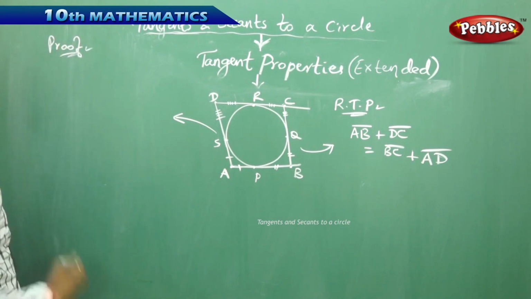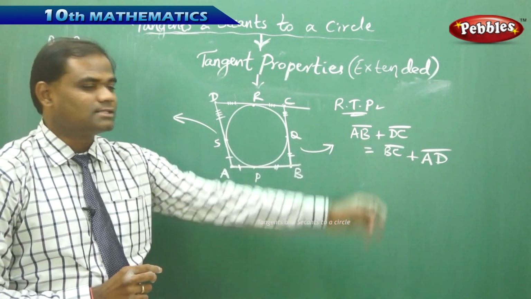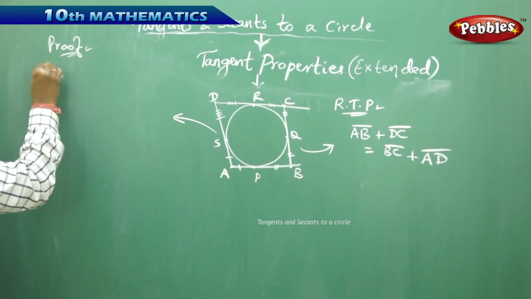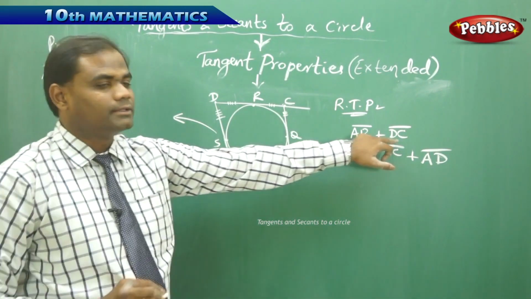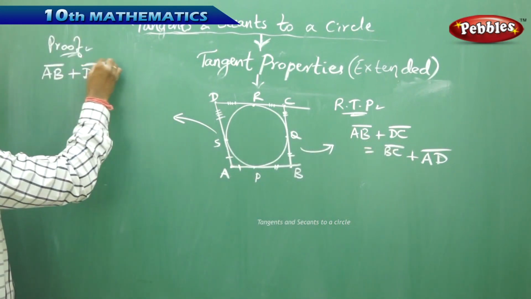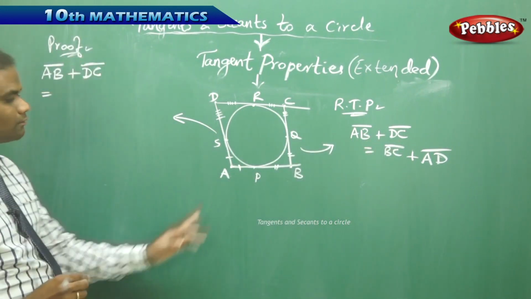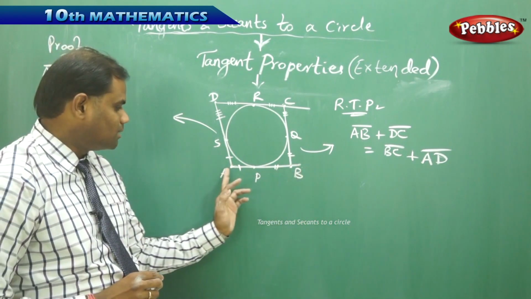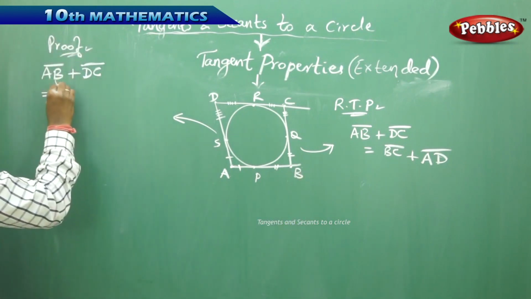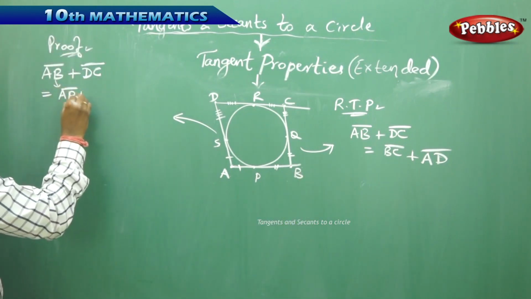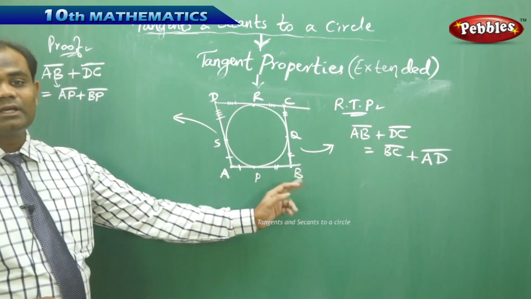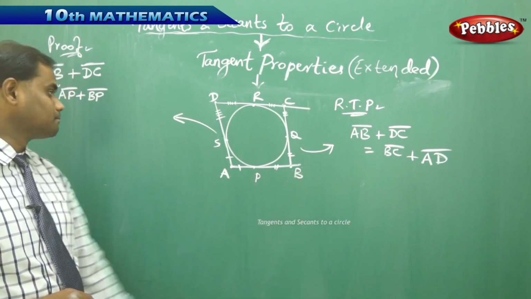Considering the proof, let me take AB plus DC on the left hand side and prove the right hand side from the LHS. So LHS being AB plus DC, clearly when I take AB, I can split AB as AP plus PB. When I add together, I get AB, as can be seen from the side AB.